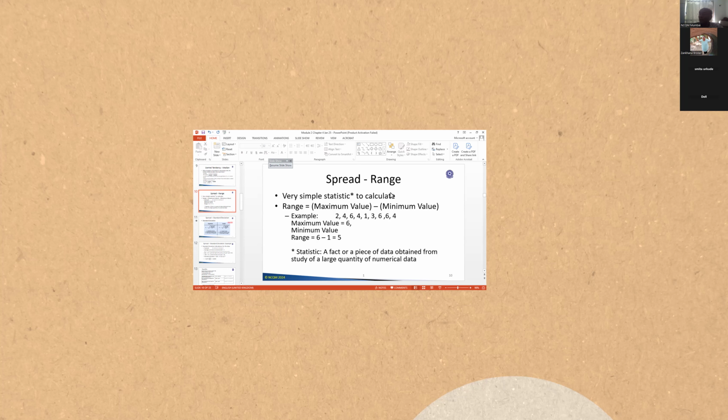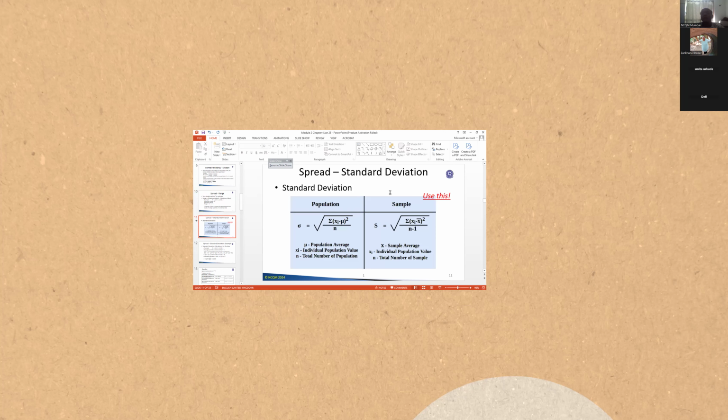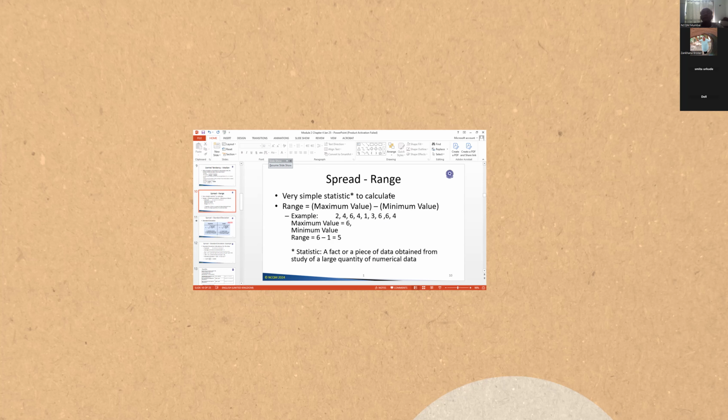Now with x bar 4 and n 9, can you calculate the standard deviation? The formula is given here: sigma xi minus x bar whole square divided by n minus 1. So you know x bar, you know n, and the xi values are given here.